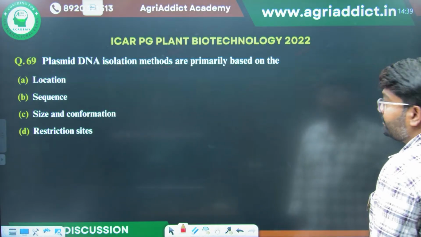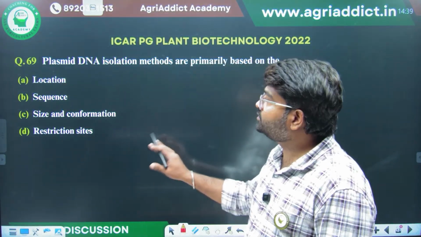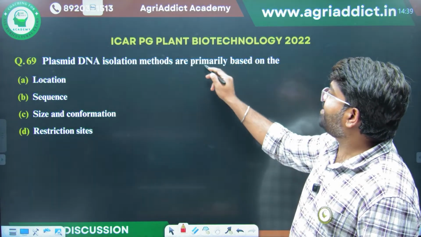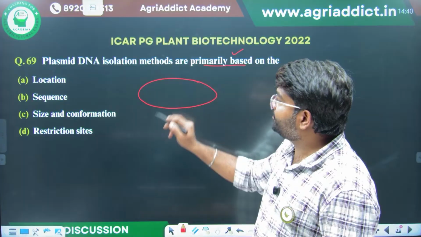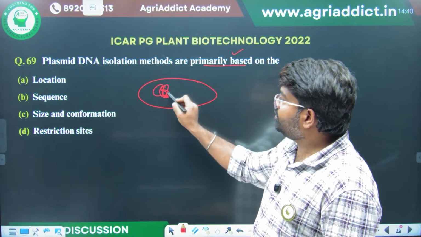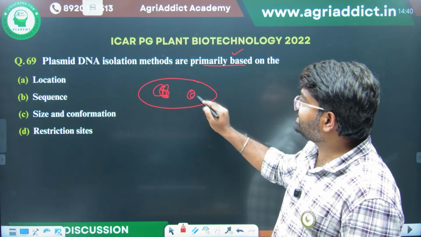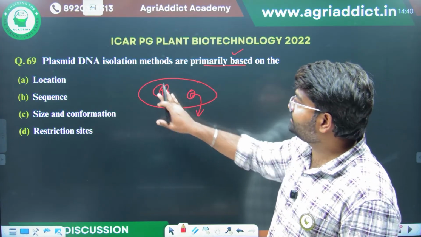Okay. Here so many repeated questions are there. Okay, we will see that also. Plasmid DNA isolation methods are primarily based on, okay, for example, this is our bacterium, it will have the genomic DNA also, then plasmid DNA also will be there. How to isolate the plasmid DNA from this genomic DNA?